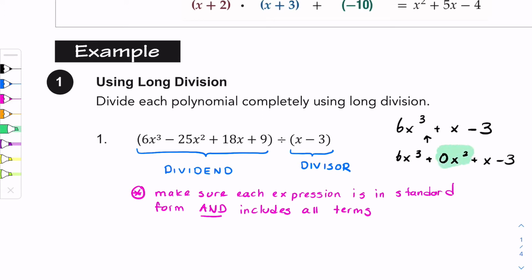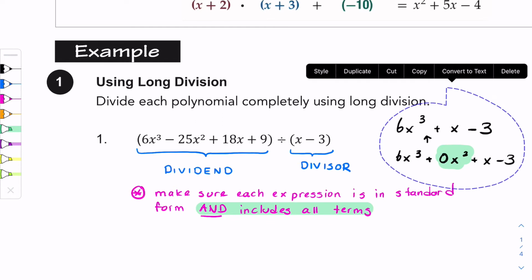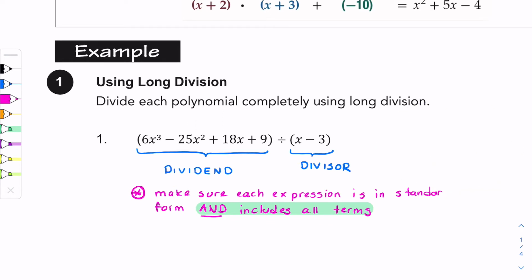So you have to always double check to make sure your function or your expression is in standard form, including all terms. So in this one, we're good.